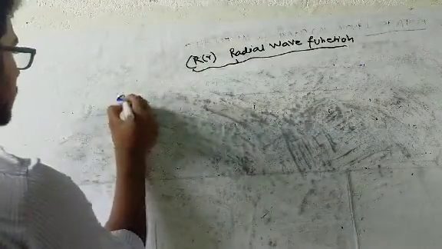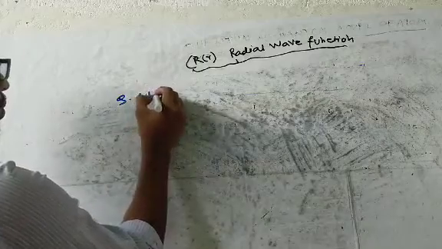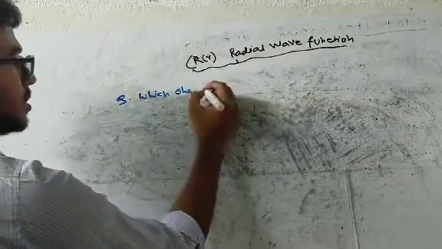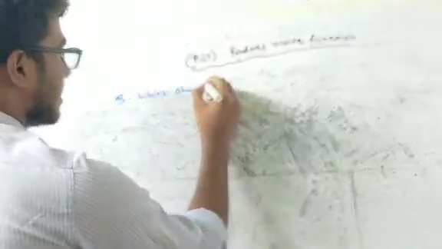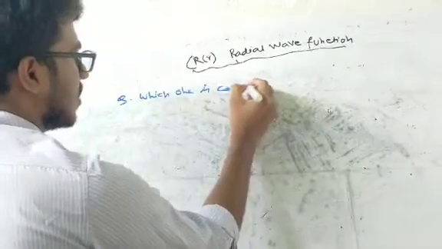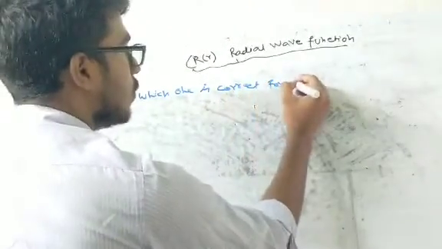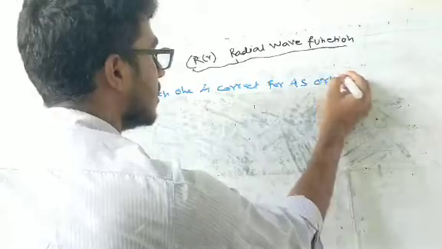Let's take a question. Which one is correct for the 4s orbital?